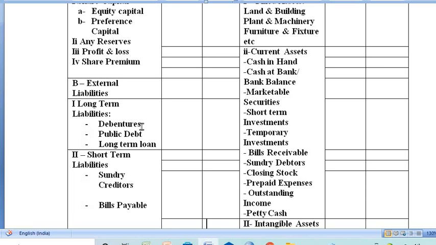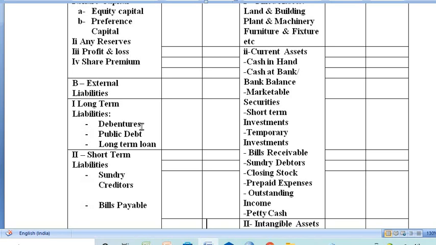What is long-term liability? When a business repays the amount after 5 years, such liability we can call long-term liability. Short-term liability or current liability refers to when a business repays the liability within a year, within a 12-month period.